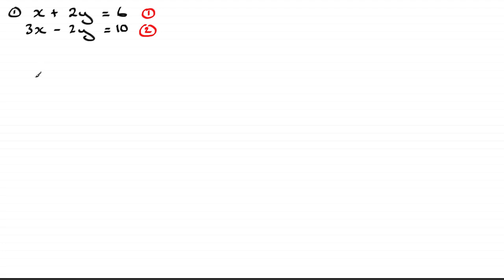Can we eliminate the x's by adding or subtracting, or can we eliminate the y terms by adding or subtracting? What do you think? Tell us what you would do. Would you add or would you subtract these two equations? Just enter that in quickly. Would you add them or subtract them from one another?